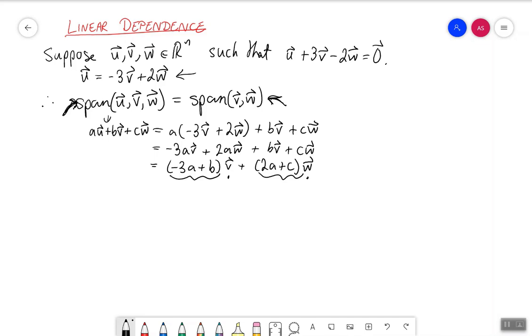So that suggests that we make the following definition.